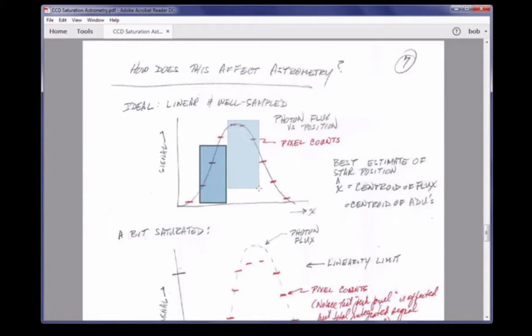The next pixel collects that light. Well, okay, that's capturing the peak of the curve pretty well, and then the next pixel captures this stuff. In which case, your peak pixel and the peak flux are pretty closely related.